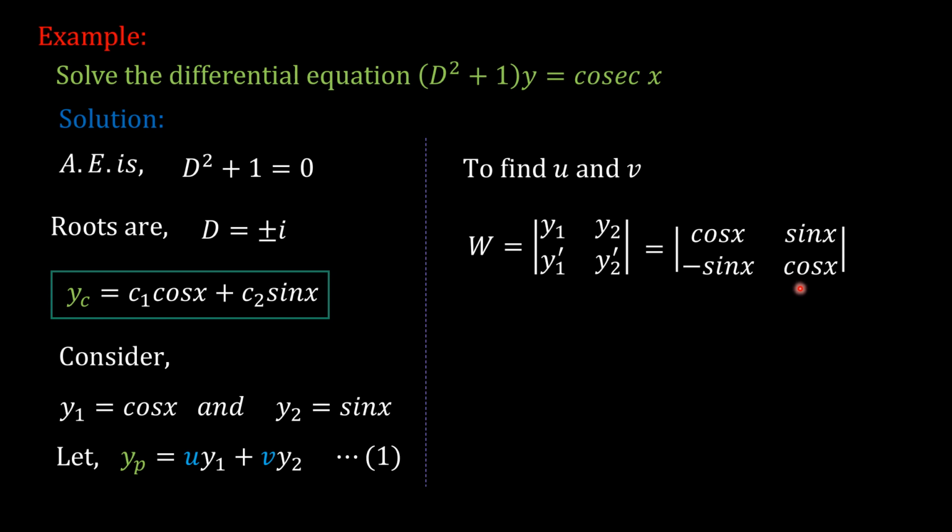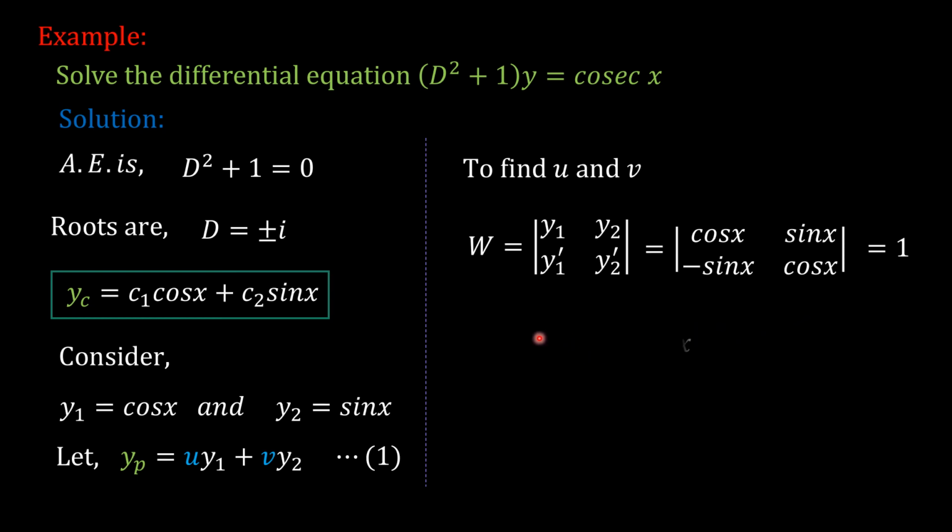Simplify this determinant: cos square x minus minus plus sin square x is equal to 1. So the Wronskian is equal to 1, which is a non-zero determinant. That is the important condition, that the Wronskian must be non-zero.